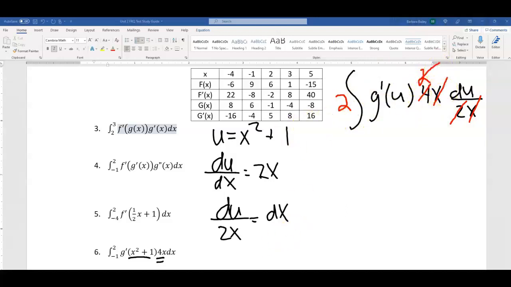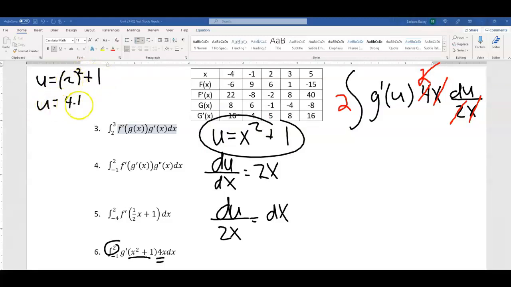So we need to go through and change our limits. So my upper limit is 2. So once again, I'm going to take my u expression, and I'm going to replace the x with the number on top. And I get 5. So that'll be the upper limit there.